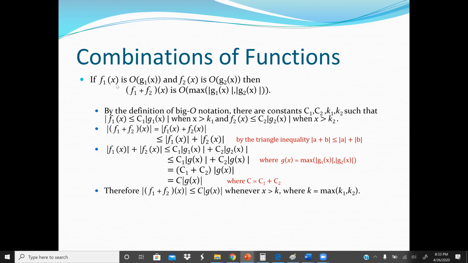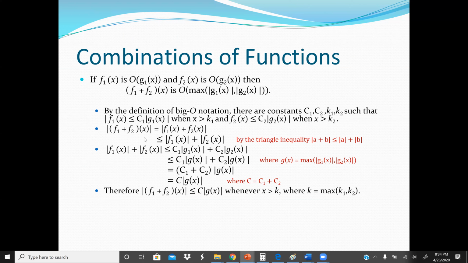So here we say if f1 at x is big O g1 at x and f2 at x is big O g2 at x, then f1 plus f2 at x is big O of the max of g1 and g2. By definition of big O notation, there are constants c1, c2, and k1, k2, such that f1 at x is less than or equal to c1 g1 at x when x is greater than k1, and also f2 at x is less than or equal to c2 g2 at x when x is greater than k2.